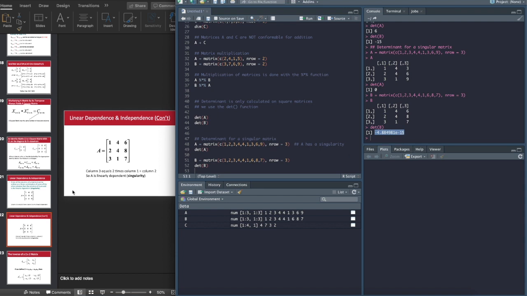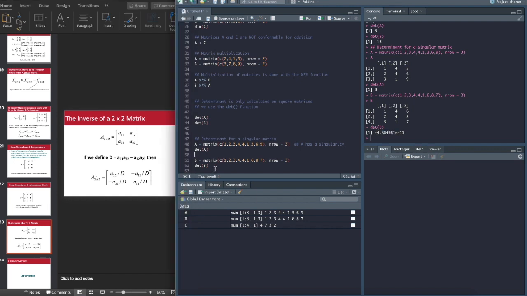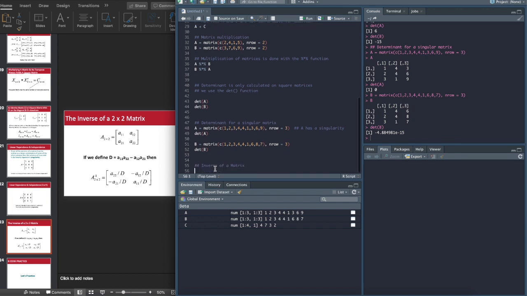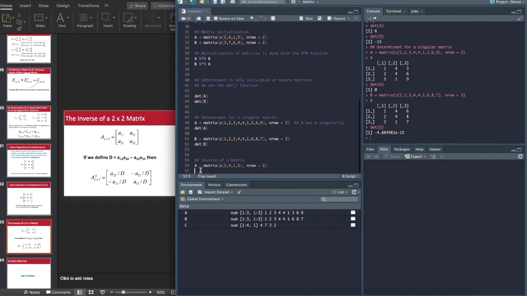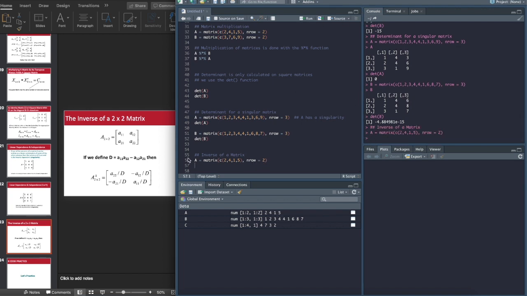Right. So this is going to become important because in order to get what we call the inverse of a matrix, so let's talk about the inverse of a matrix. The inverse of a matrix is calculated using the determinant. So for instance, if I have this matrix A here, let's copy and paste it, I can calculate the inverse of this matrix using the solve function.